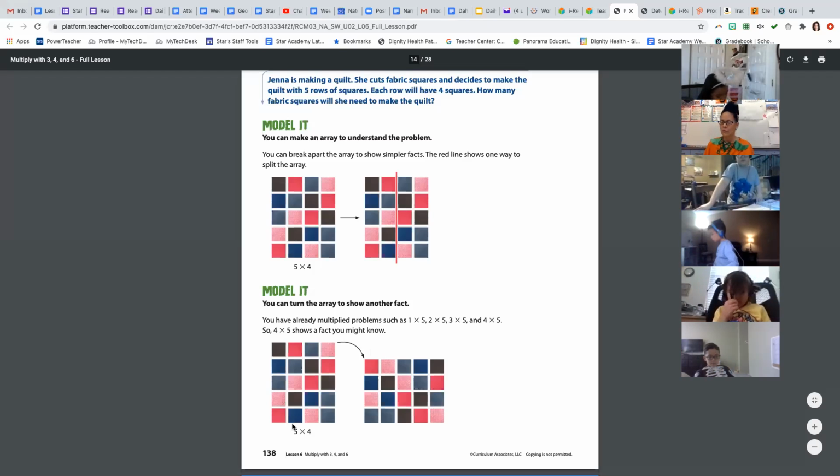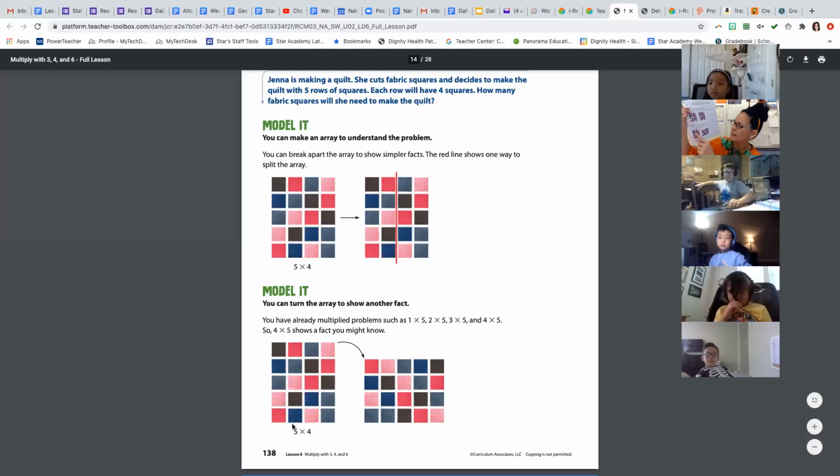So we started with, if you can see in my screen, I know it's kind of small right now, the original 5 times 4. And then it just got tipped over. You can think of it as someone took the array and gave it a nudge and just tipped it on its side.